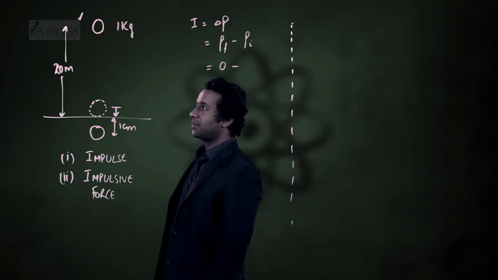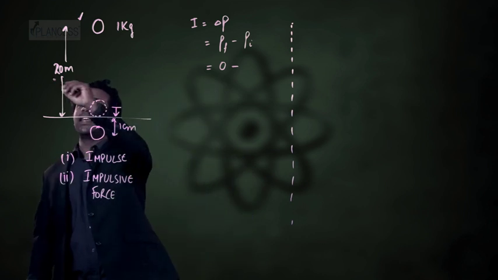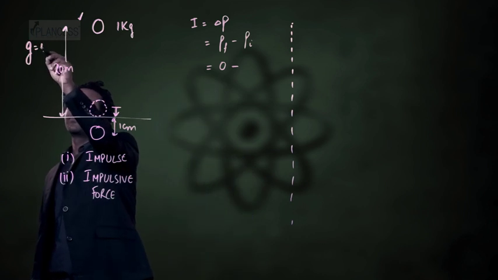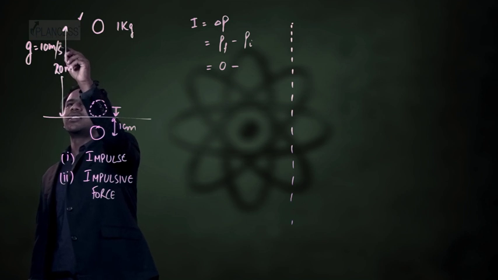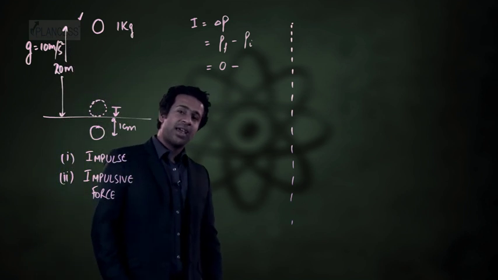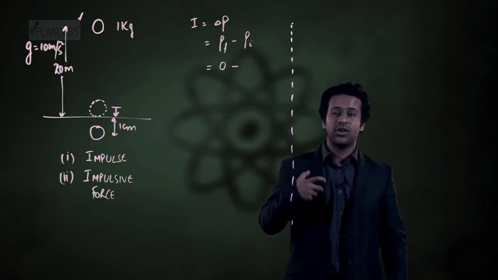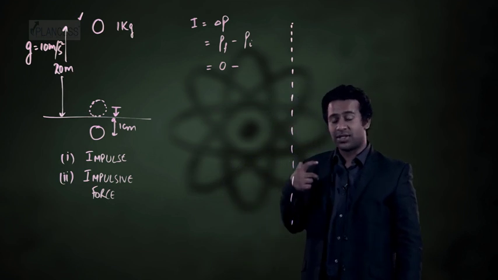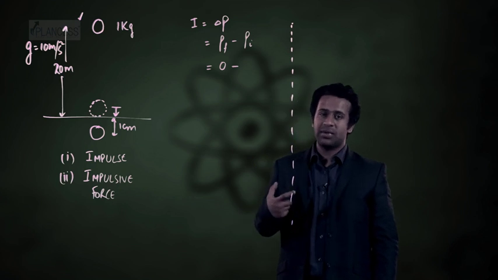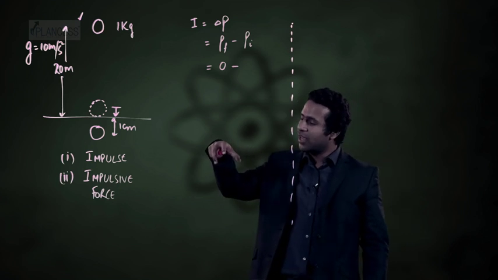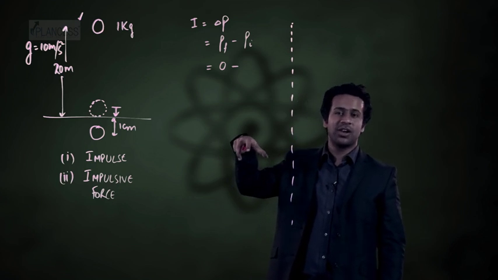Right. So to do that, we know that the ball has a constant acceleration of 10 meter per second square, which is nothing but the acceleration due to gravity. So the ball has this constant acceleration. It was released from the top, that means it was given 0 initial velocity, because that is what releasing something means. If you release something, you're not giving it any additional velocity.